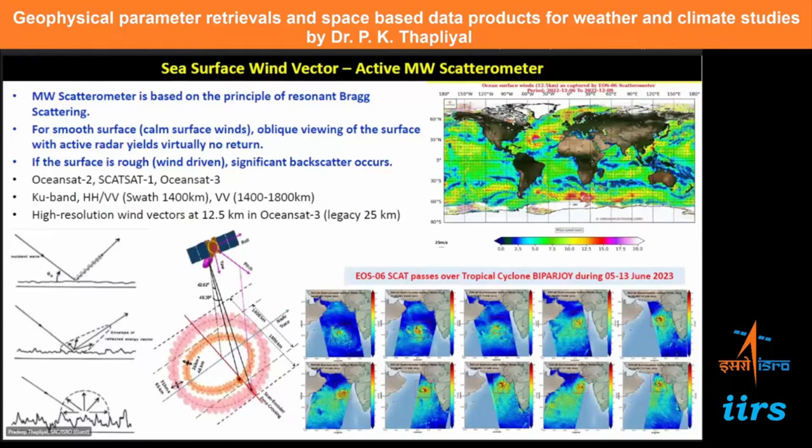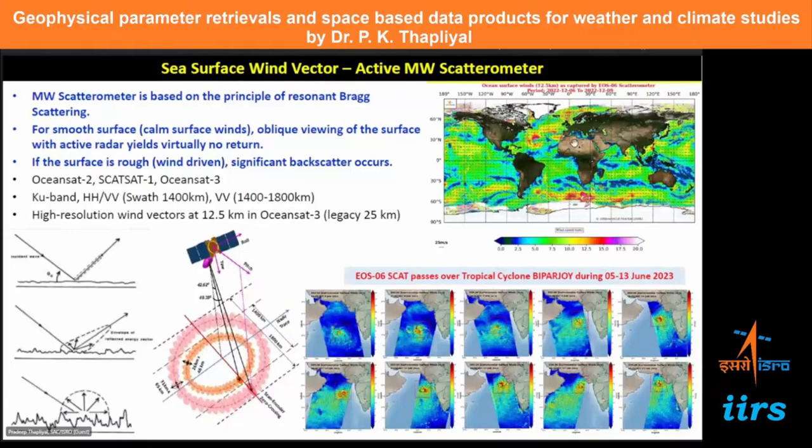By making measurements in different directions, and also at different polarizations, horizontal and vertical, you can infer the wind direction too. So by measuring backscatter energy you get wind speed, and by measuring it in two different directions and two different polarizations, you get the wind direction also.